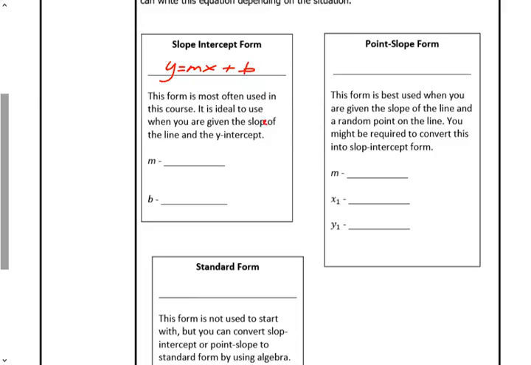Careful there. It's ideal when you're given the slope of the line and the y-intercept. And in it, we know from our graphing days that m is my slope and b is my y-intercept. And if you have those two values, we're just going to plug them in and solve them.